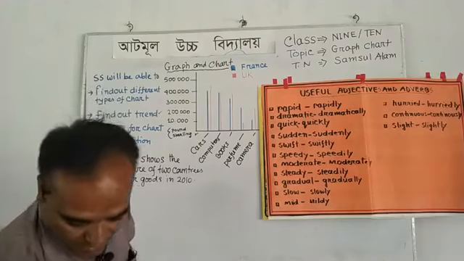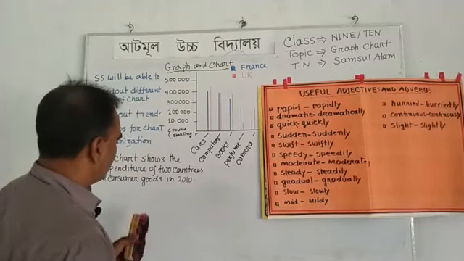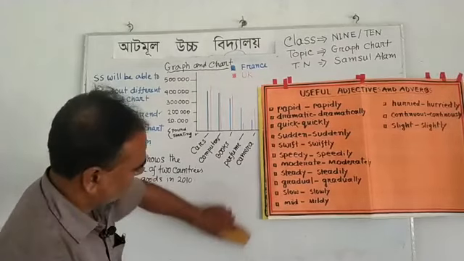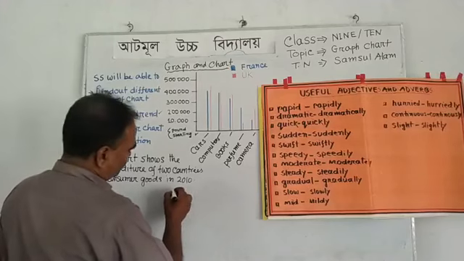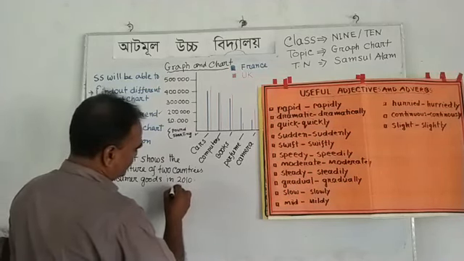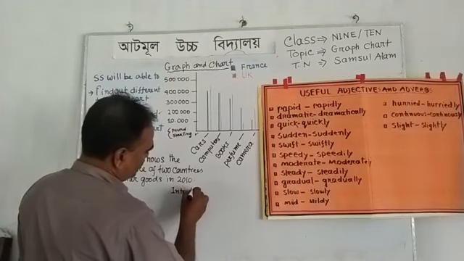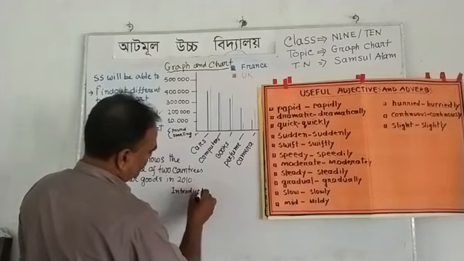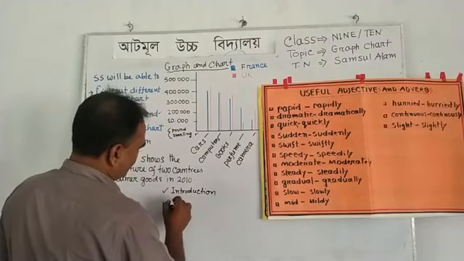Okay, dear learners, now we'll write the graphs. There are 4 paragraphs for writing a chart. First one is the introduction. Then we will write the overview.